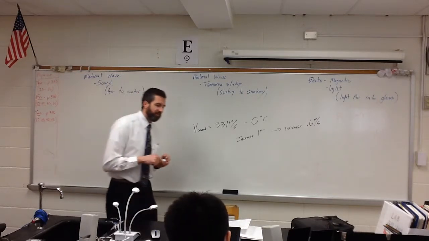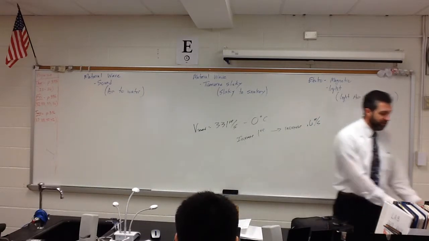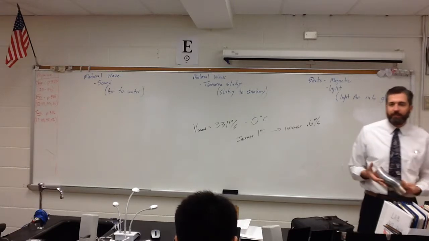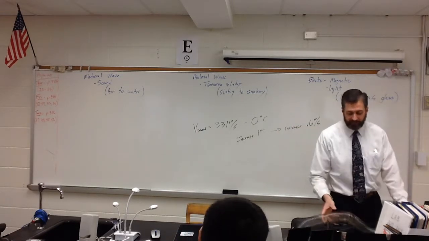Other material waves, like a slinky: if you send a wave down a slinky, there's a certain speed that it will travel, and I don't really know that off the top of my head. But there's a certain speed that a wave can travel in a slinky.